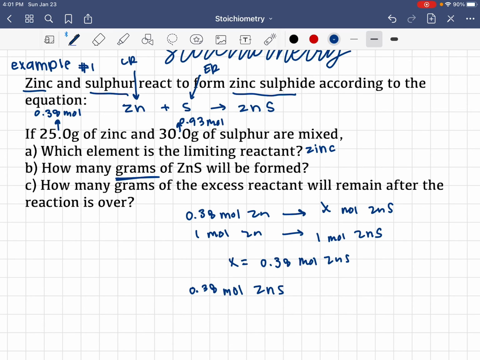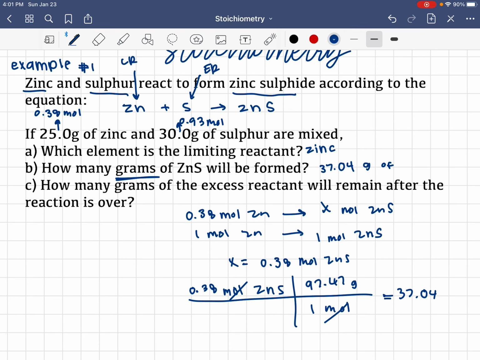Remember, this is moles of ZnS, so this is how much can be produced from this much. Now the molar mass of ZnS is 97.47. So when you do that, you get 37.04. That means 37.04 grams of ZnS will be formed.